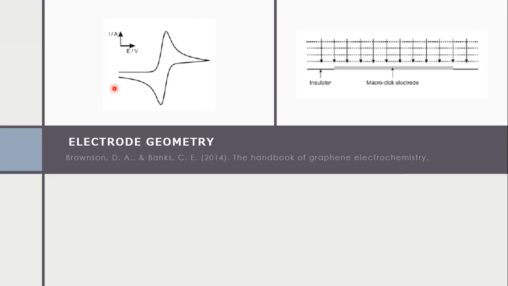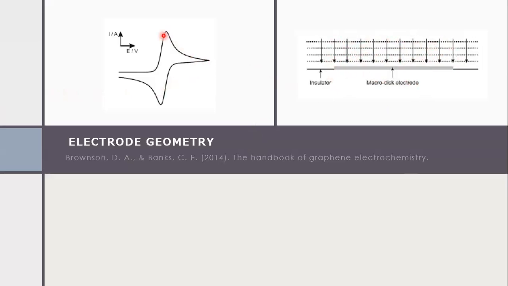Normally at the edges, you have this insulating material, and you get a convergent diffusion response around the edges. But in the case of a macroelectrode, this edge effect is normally overwhelmed by the planar diffusion response, which is taking place across the entire surface of the electrode.